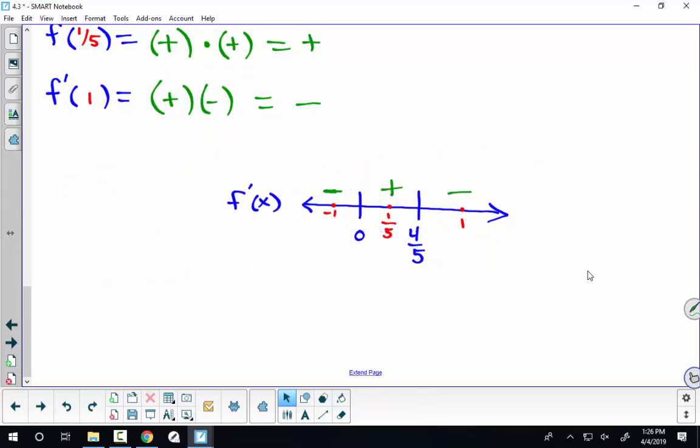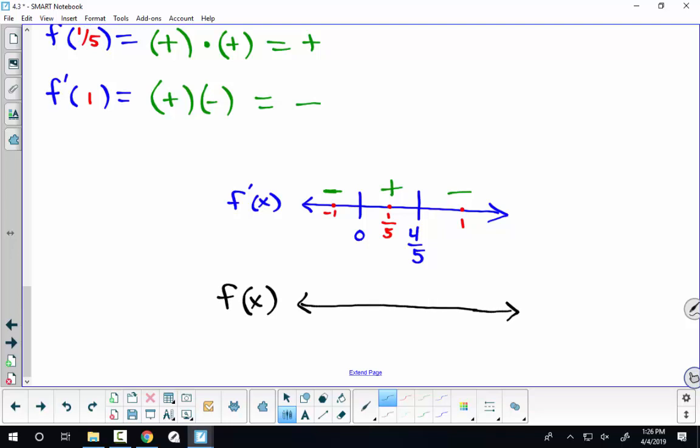All right, so we did all of that work to get this chart, and then we're going to let this chart tell us what's happening on the original function. If the first derivative is negative, the original function f of x is decreasing.